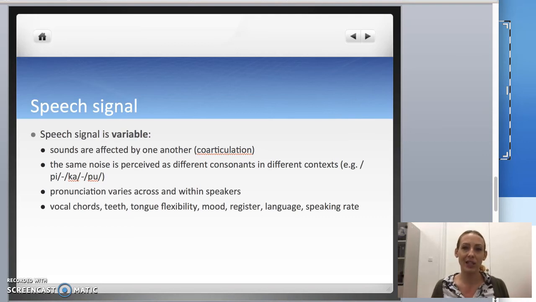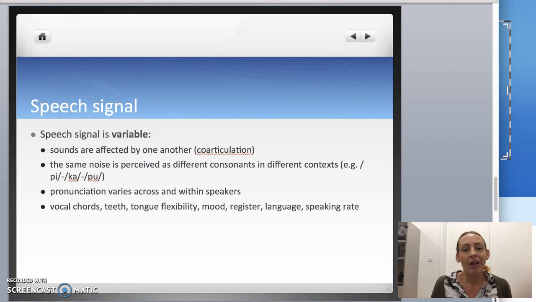Think about being ill. If you have a cold, if you have a sore throat, the sounds are going to be actually different. The sounds are different if you're eating or chewing gum. We can still talk with something in our mouth and be perfectly understood.